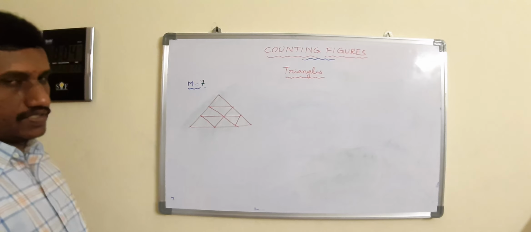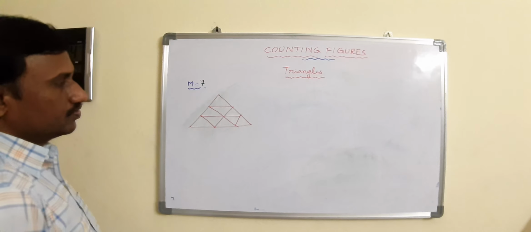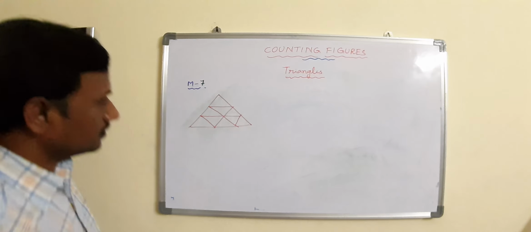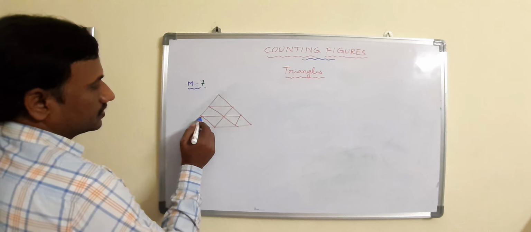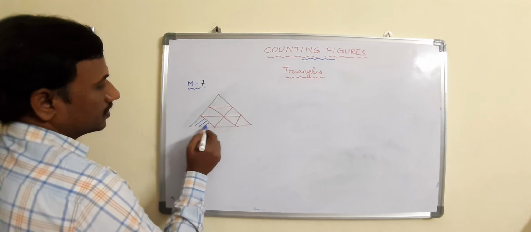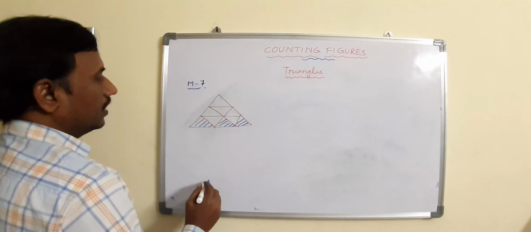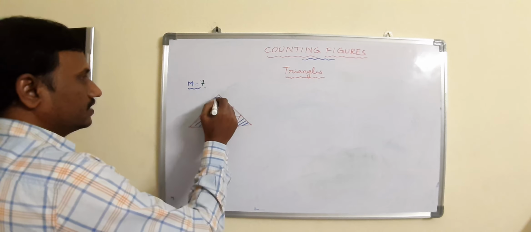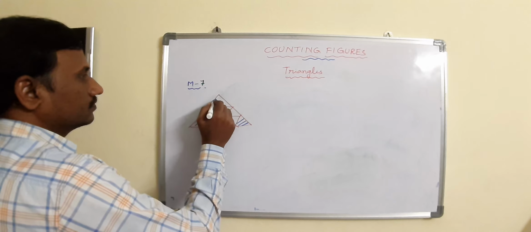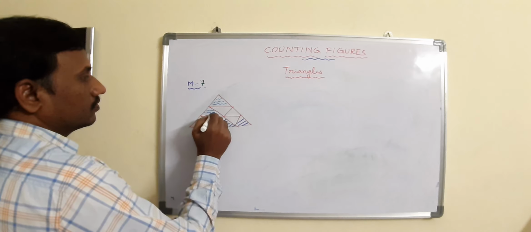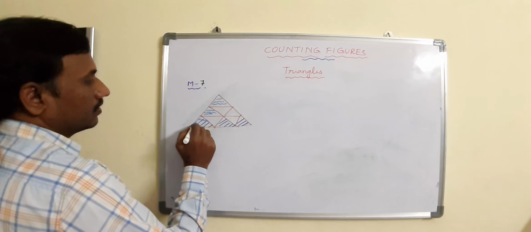Okay, this is the next model. Observe here in this model, on all 3 sides we are having equal partitions. For example, this is one triangle, 2, 3. And if you take this side, 1, 2 and 3.